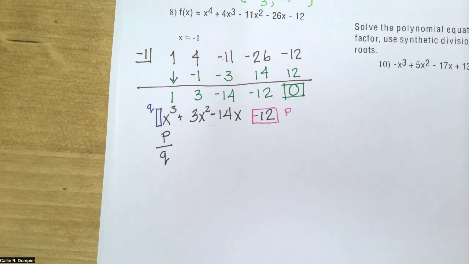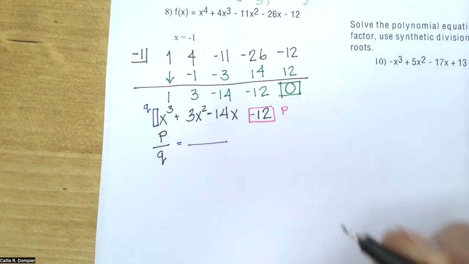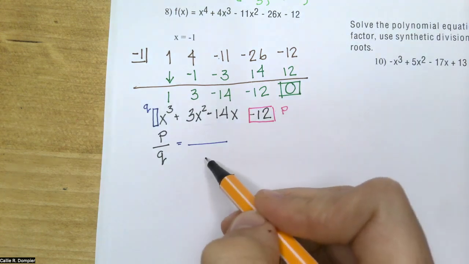Not just -12 over 1 in this case, but all possible factors of -12 over all possible factors of Q. All possible factors of P over all possible factors of Q.